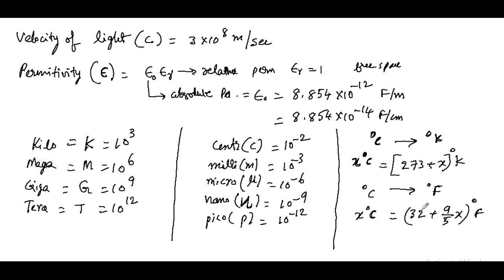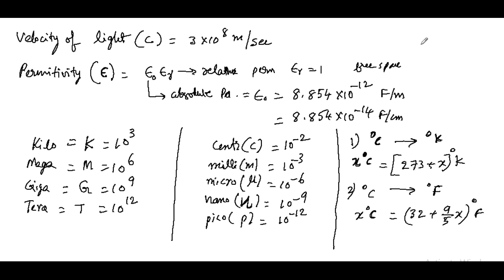This formula is used to convert Celsius to Fahrenheit, and the first one is used to convert Celsius to Kelvin. These two are used within the subject, so just try to remember these formulas.